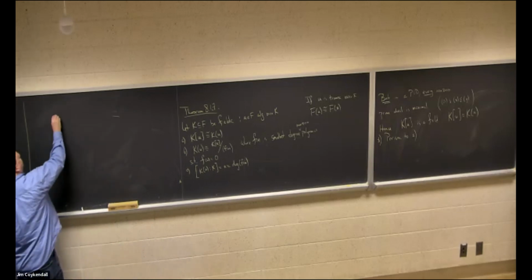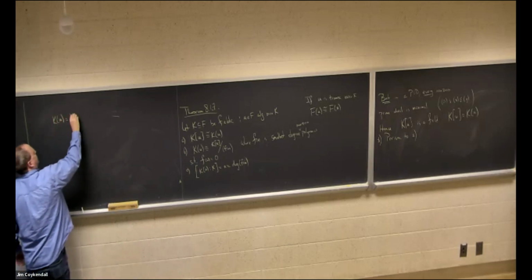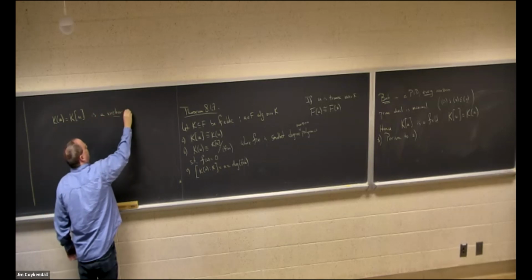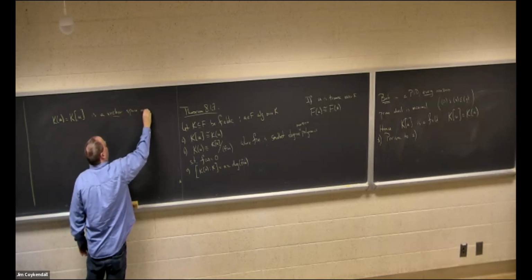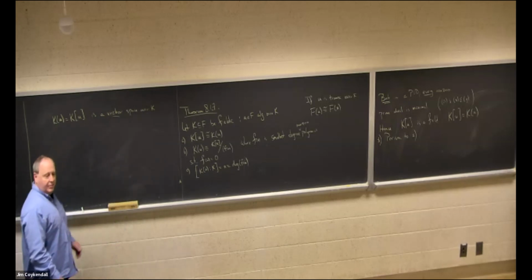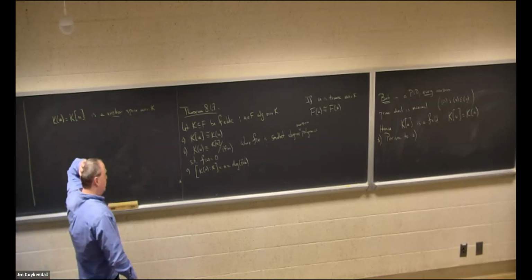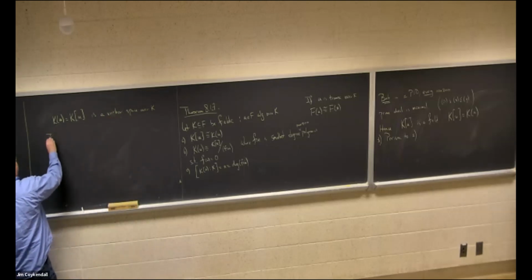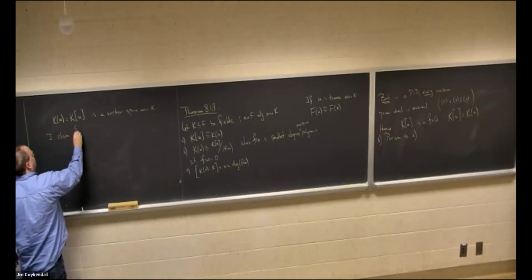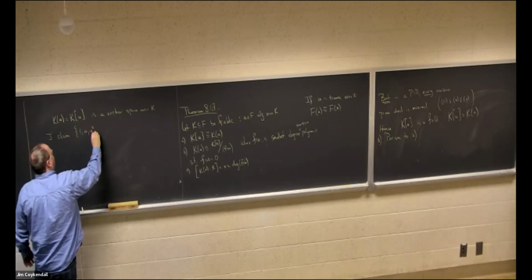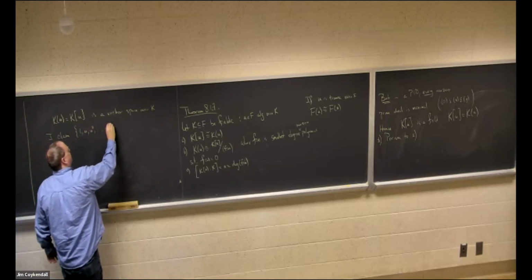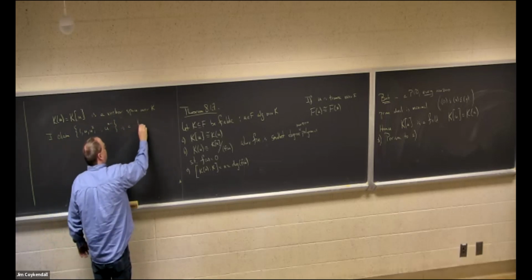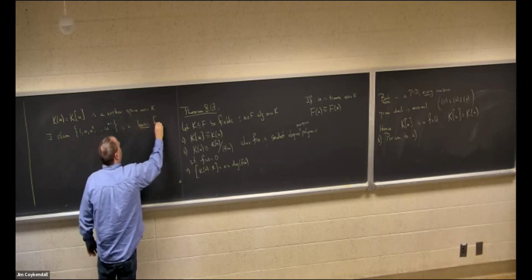Well, this is a vector space over K. I claim that 1, u, u squared, up to u^(n-1) is a spanning set, well, is a basis for it.